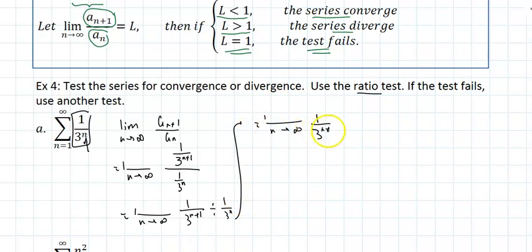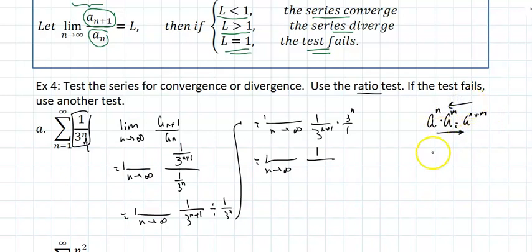Instead of dividing by a fraction, you multiply by the reciprocal. That is the limit as n approaches infinity. One of the properties of exponentials: a to the n multiplied by a to the m is a to the n plus m. If I can go in this direction, I can go in this direction. Like saying x squared times x to the fifth. Isn't that x to the 7? So, if I go backwards, I could say that must have been 3 to the n times 3 to the 1.